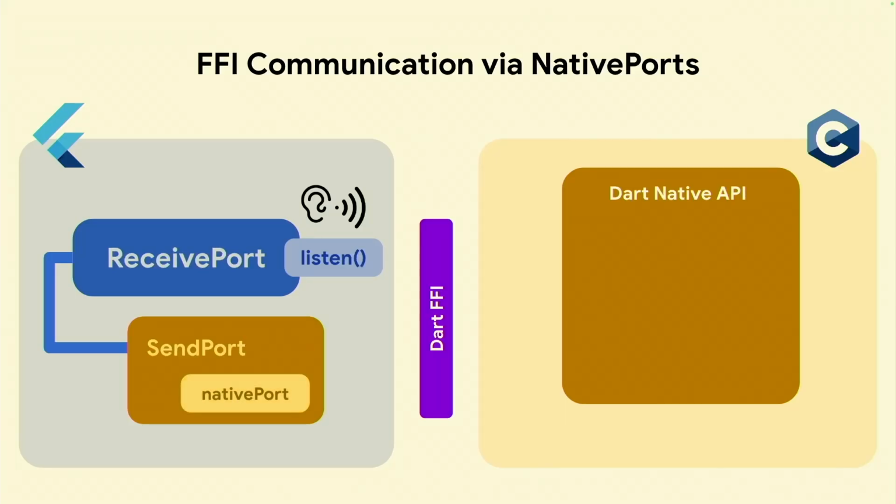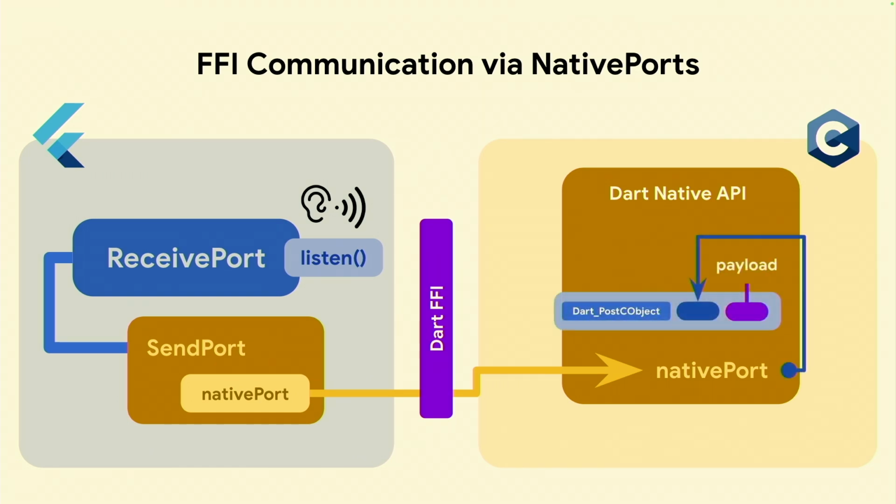And then using the native port of the send port, you send it to C++, or to C, let's say your low-level library, in this case C, and then using that native port, you can send messages back to Dart using this concept of Dart_PostCObject.